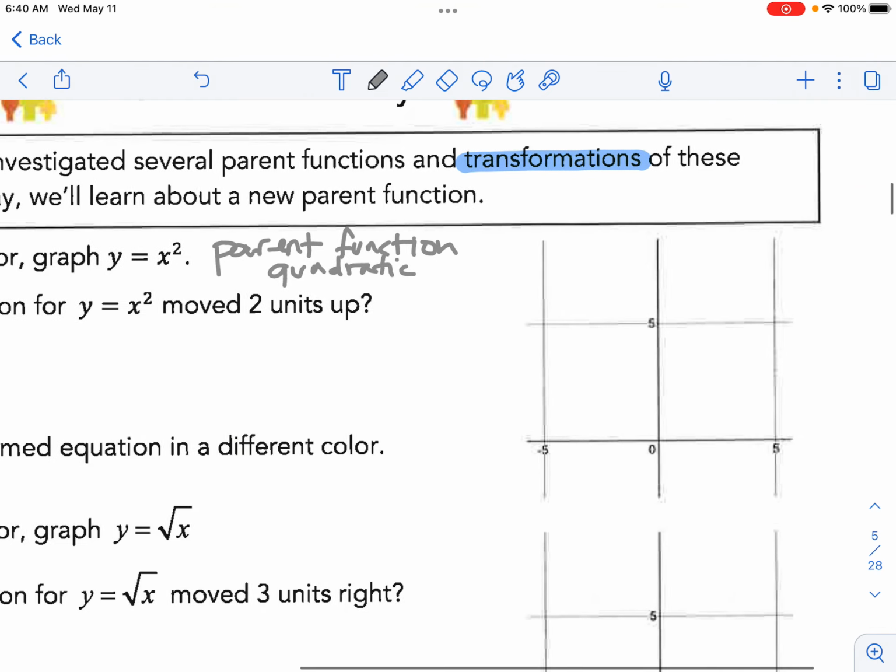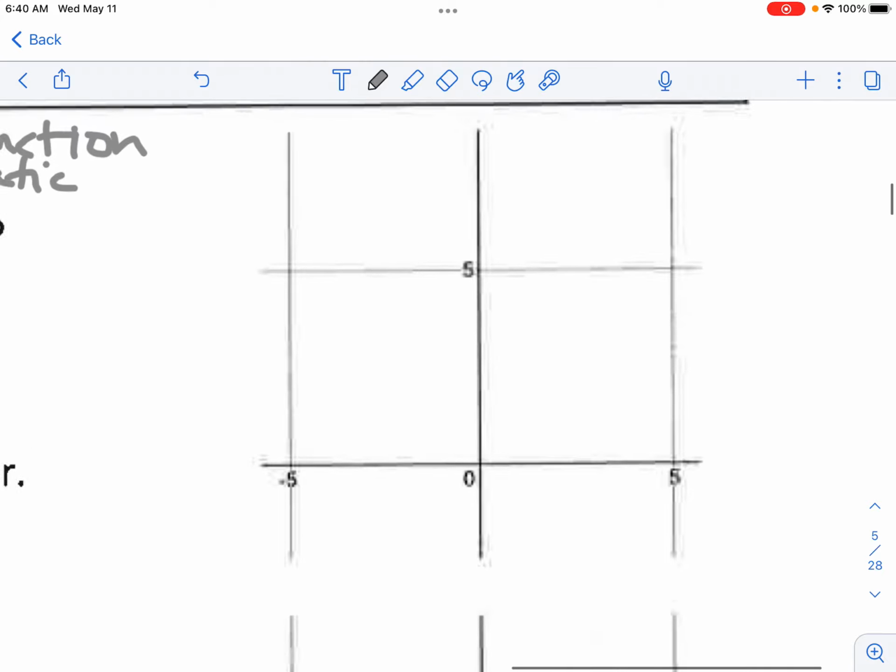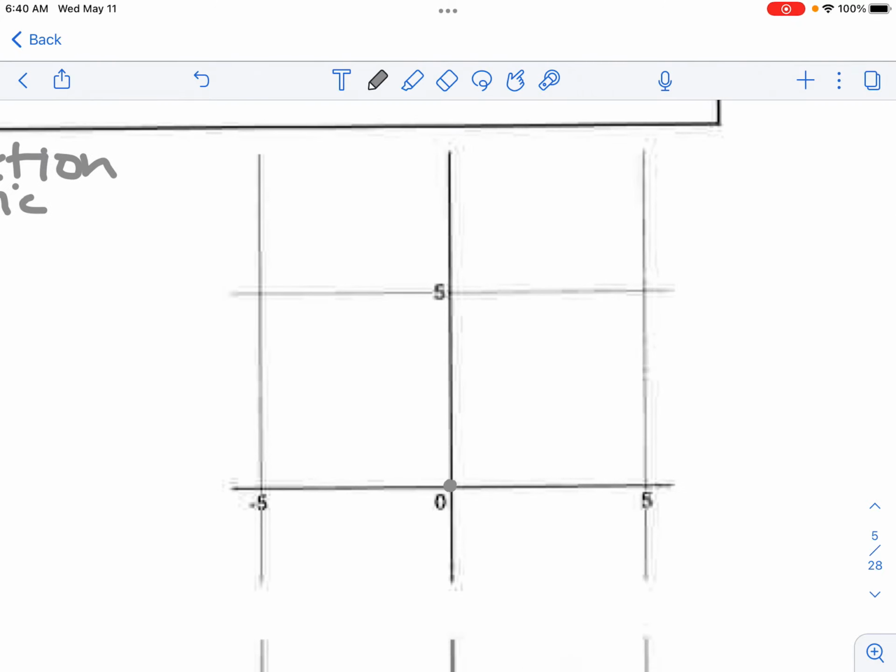And so y equals x squared, then if we would graph that, if x is 0, y is 0. If x is 1, y is 1. If x is 2, y is 4. If x is 3, y is 9. And then we know that we have the same values when we square negative numbers.